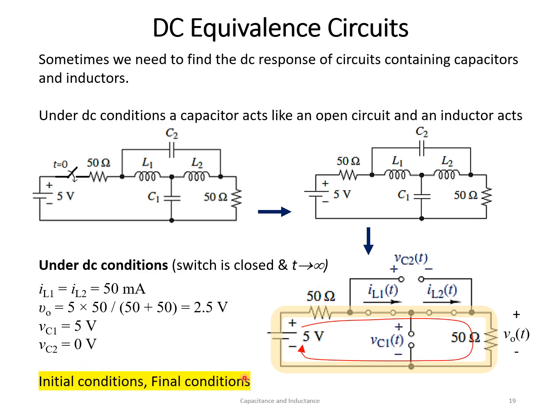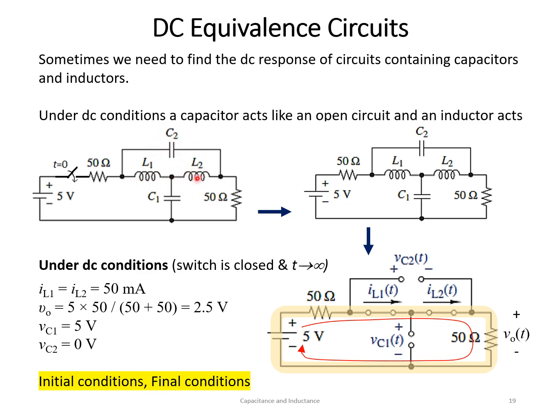Initial and final conditions will be discussed in more detail in chapter number 7. If the switch has been open for a long time, such that all the energy stored in the capacitor and inductor disappears, then the energy stored in each circuit element is zero.